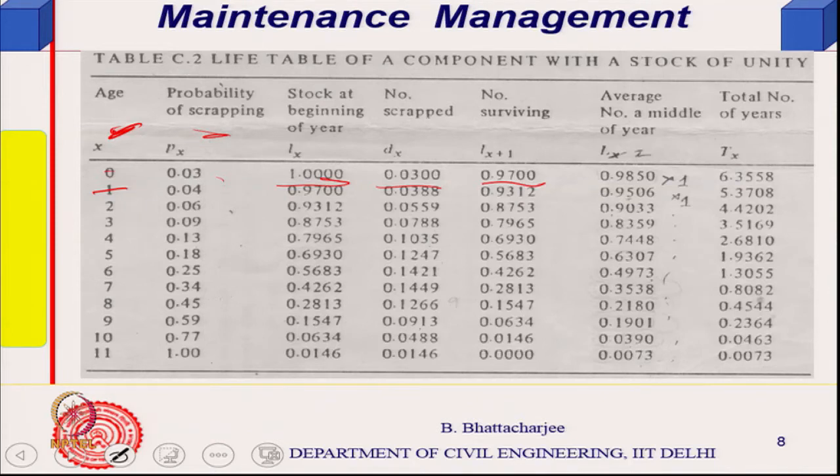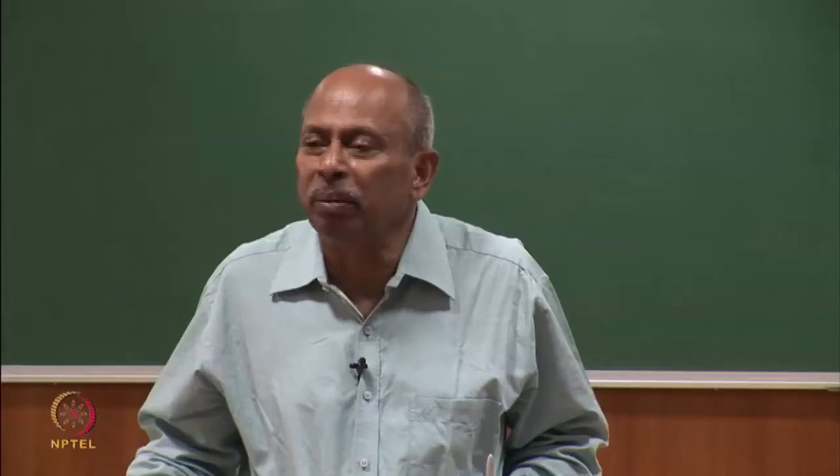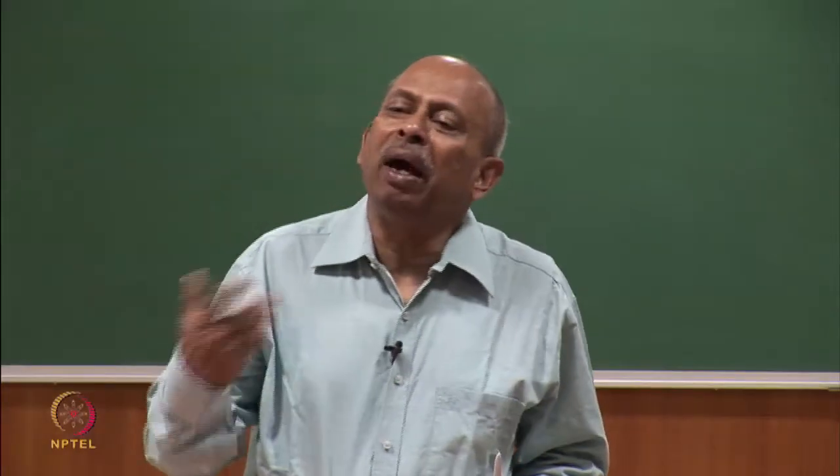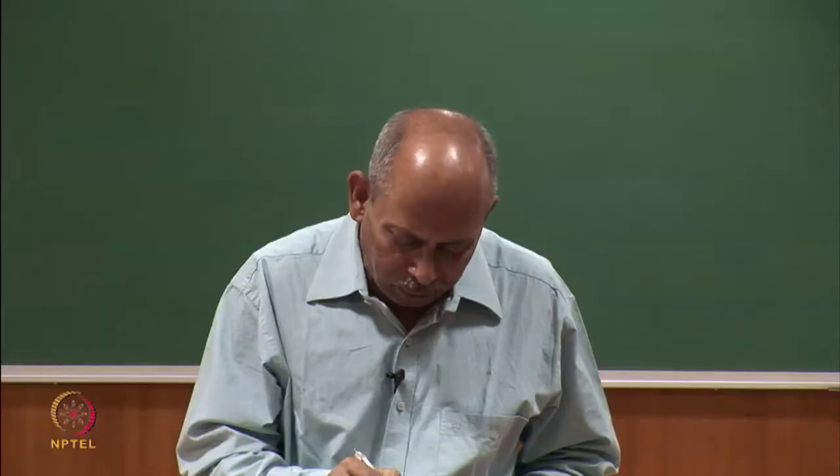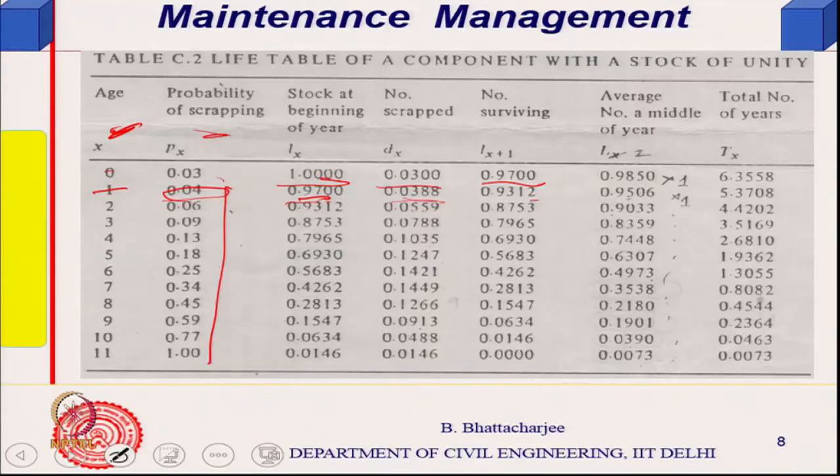Next year 97 remains to start with, then you find out that some 0.388 has been scrapped, survivor is this. So, probability of scrapping again, because it will be now on 97%, 0.97, 0.3038 or something has scrapped. So, these probabilities you can find out, and you might find everything has been scrapped after 11 years or so.